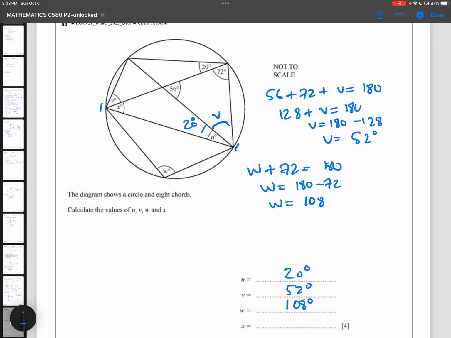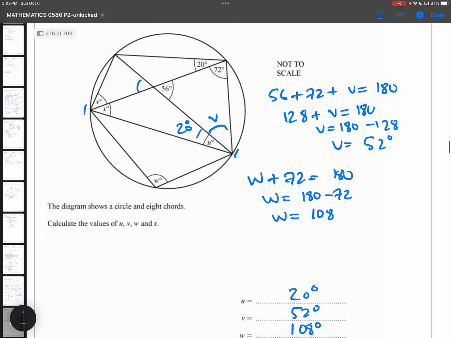Now I need to find x. In order to find x, this angle will be equal to 56, vertically opposite angles. This angle will be equal to this one.